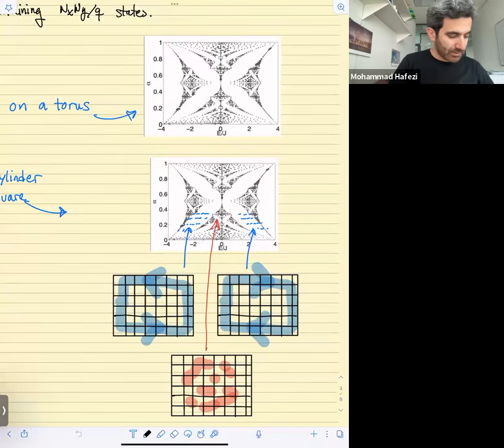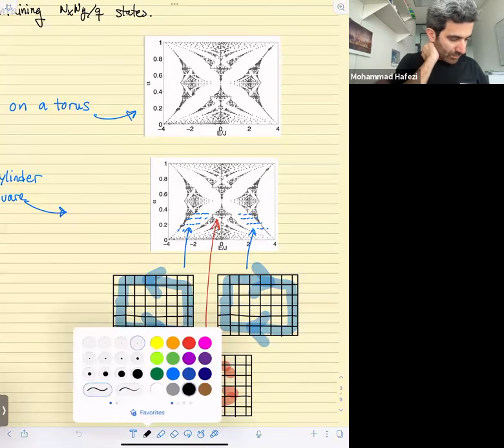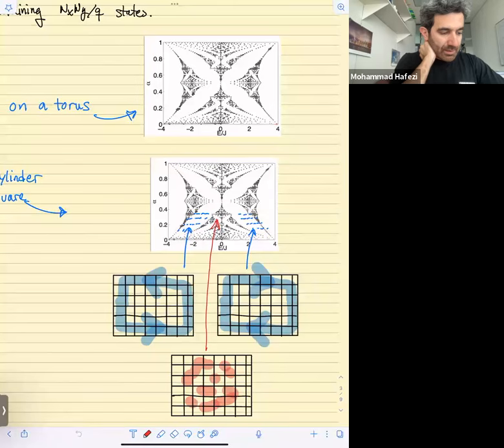So if I put the system on a torus, this is the energy, the eigenenergies. This is the value of the magnetic field. Remember, the magnetic field was proportional to alpha, and alpha was periodic in 1. So it goes from 0 to 1, and after that it would repeat itself.